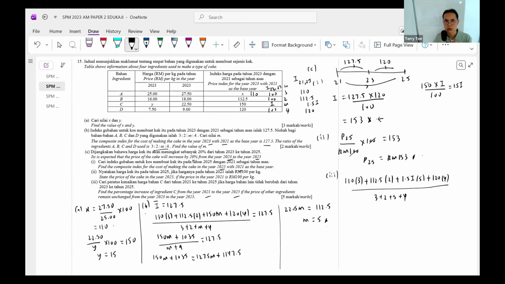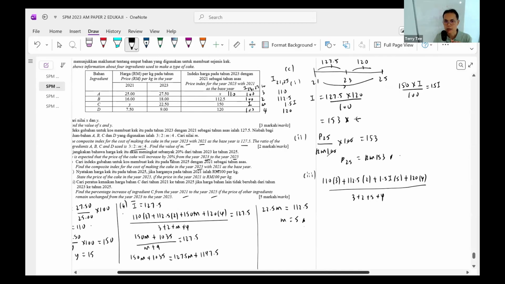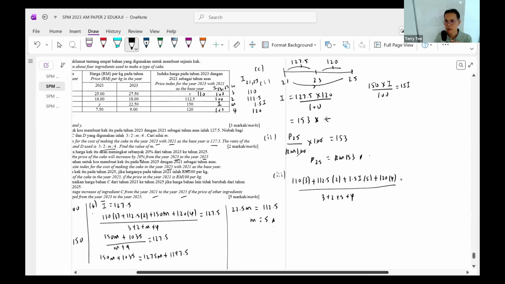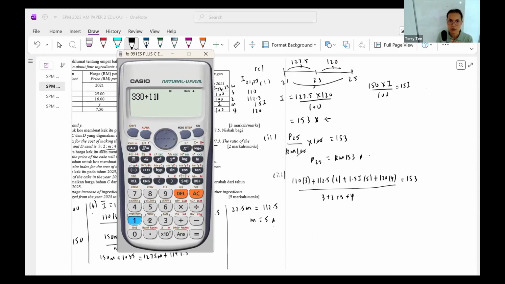Since I know M is 5, sub it inside. Total should be 153, right? My job is to find I. So let's count. This is 330 plus 112.5 times 2 plus 480, which is 1035.